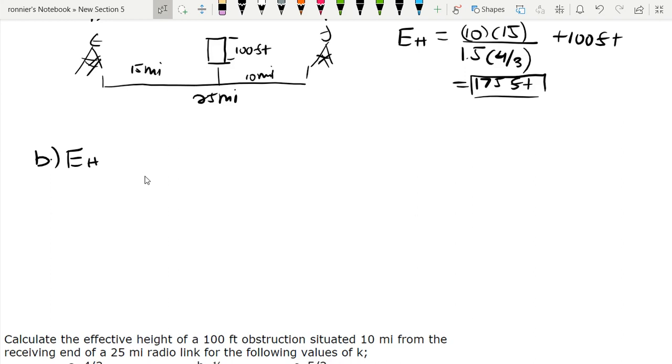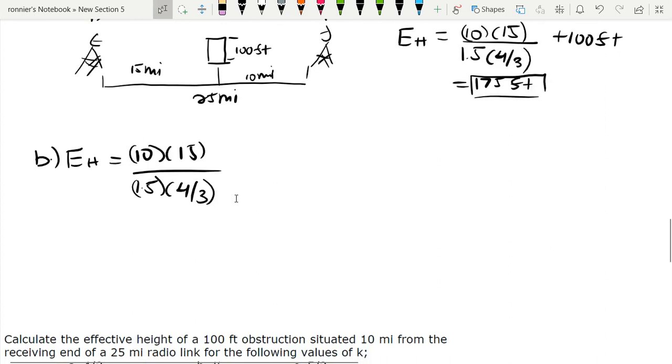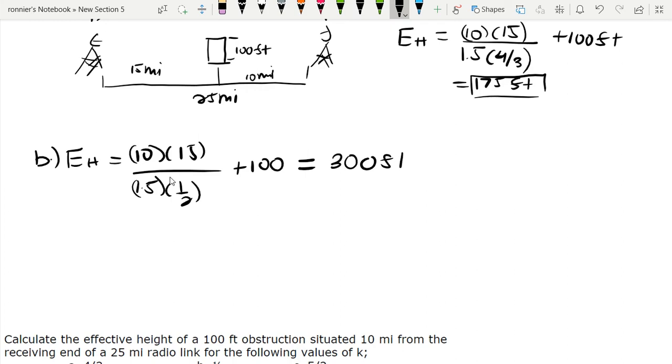So, EH is equals to 10 times 15 divided by 1.5 times 4/3. Oops, hindi pala 4/3. Ano bang value ng K? 1/2 na pala. So, 1/2 plus 100 equals 300 feet. Okay.